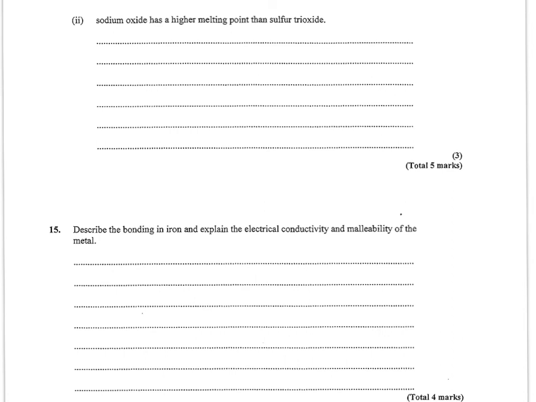Part 2 of that question wants to know why sodium oxide, so Na2O, has a higher melting point than sulfur trioxide. And this is worth 3 marks here, so they're looking for you to say 3 different things. So it's an ionic versus a covalent bond. That's the terminology that makes them different.